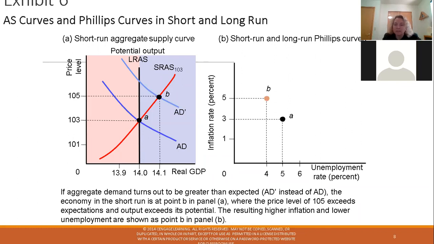So your unemployment is less than your natural rate, okay? Because people are hiring people faster, there's less frictional unemployment. It just begins to create a lot of other issues. But in this case, unemployment is less than your natural rate. And we just plotted that at point B, that 5% inflation and 4%.